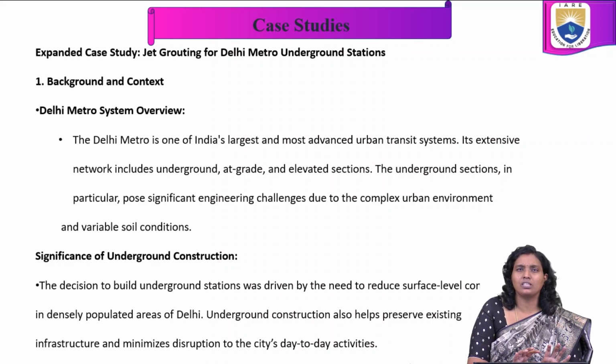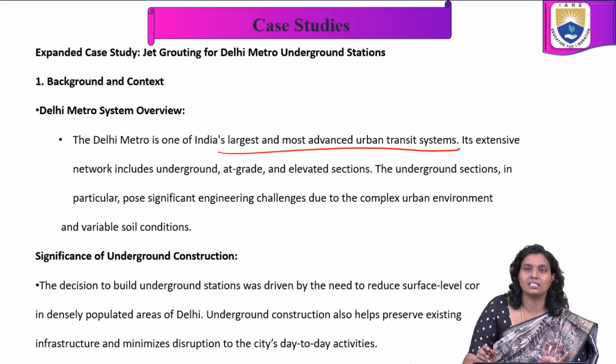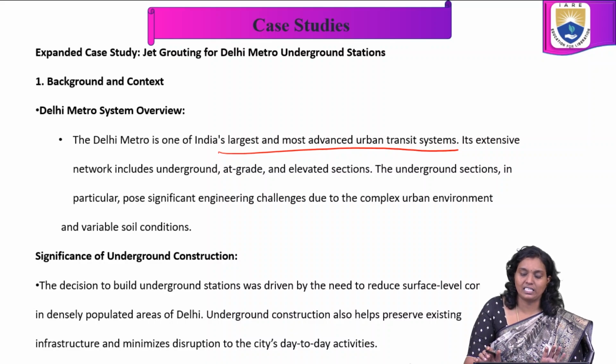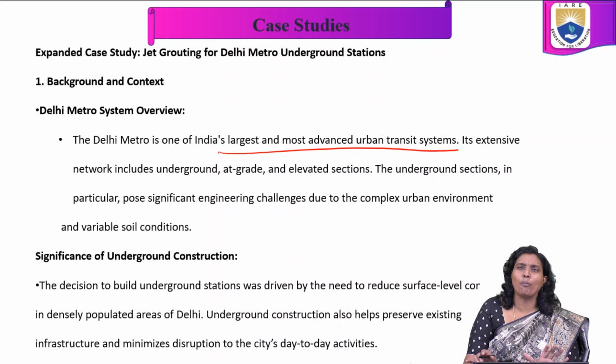The Delhi Metro is one of the largest and most advanced urban transit systems. Its extensive network includes underground and elevated sections. The underground sections in particular pose significant challenges due to the complex urban environment and various soil conditions, which we will check in this background.